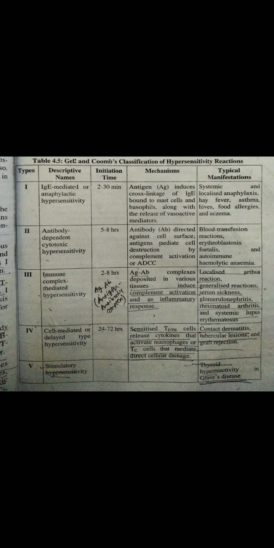Next is type 2. It is named antibody dependent cytotoxic hypersensitivity. It takes 5 to 8 hours for a symptomatic reaction. Mechanism: antibody acts against the cell surface antigen, mediating cell destruction by complement activation or ADCC, antibody dependent cellular cytotoxicity.